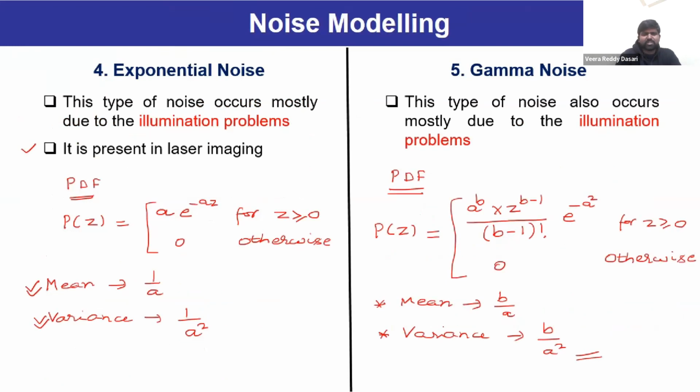Exponential noise is present in laser imaging. There are laser imaging technologies that we use today in the medical field, so in such images there may be some exponential noise present.